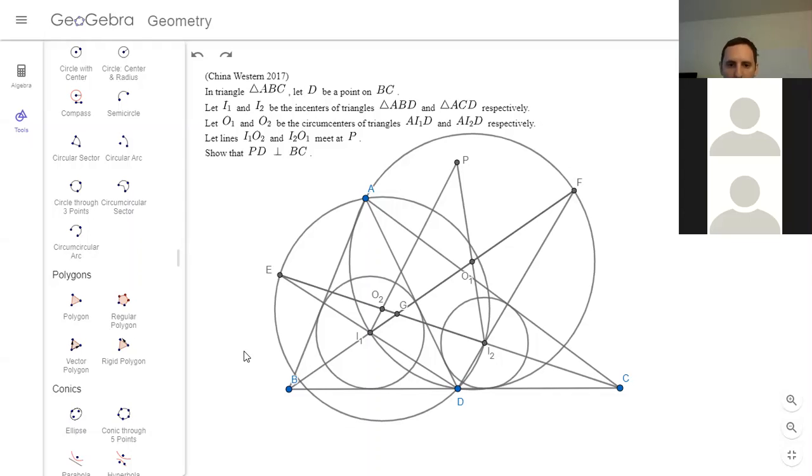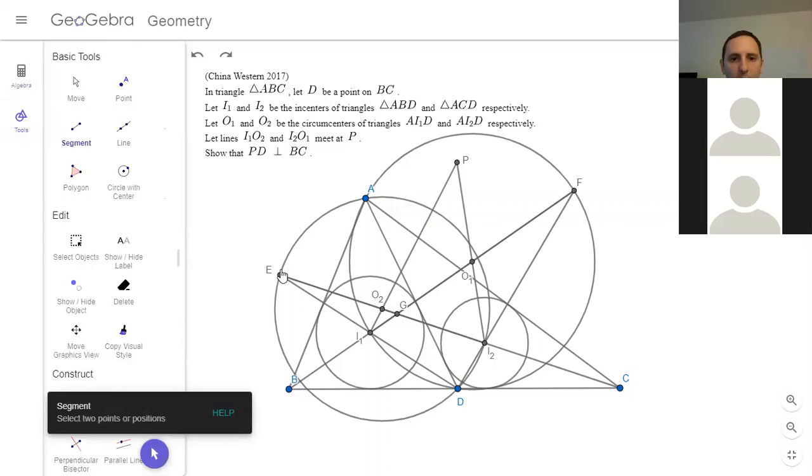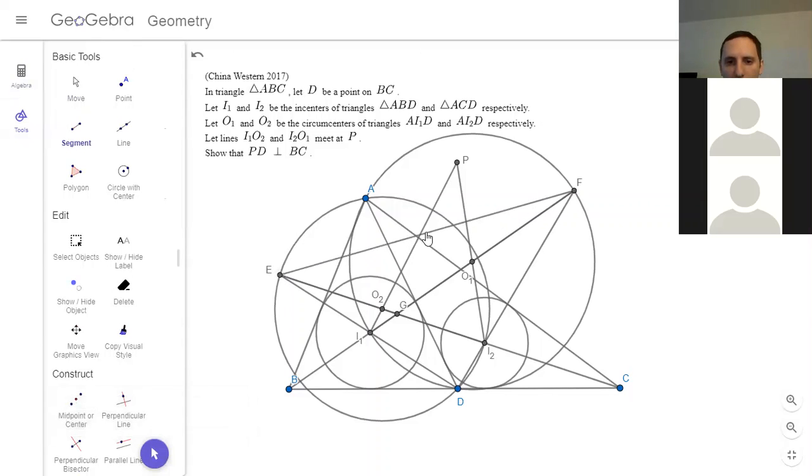Can we use Pappus? But let me draw EF again. We can find one point on this.